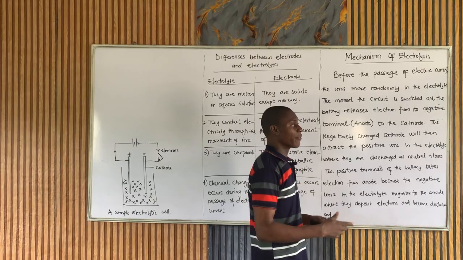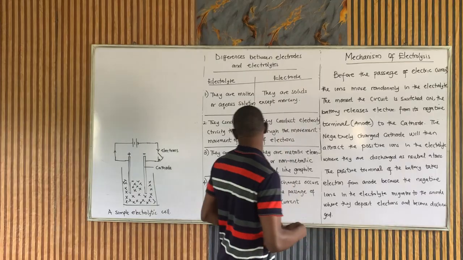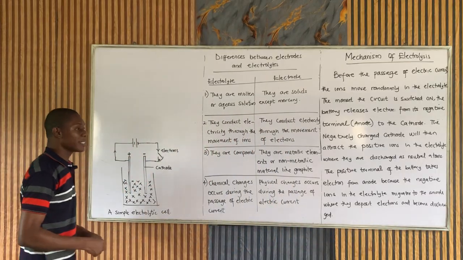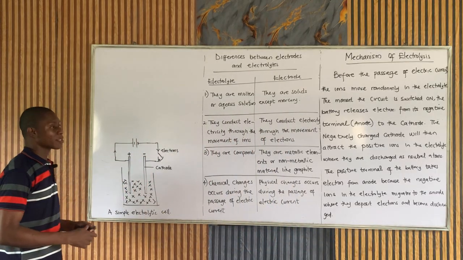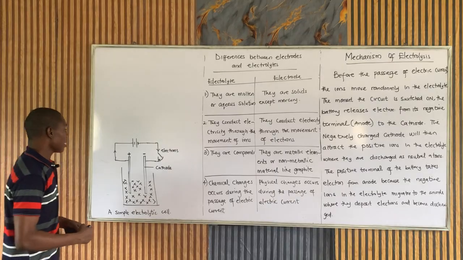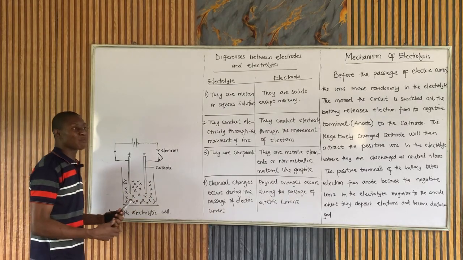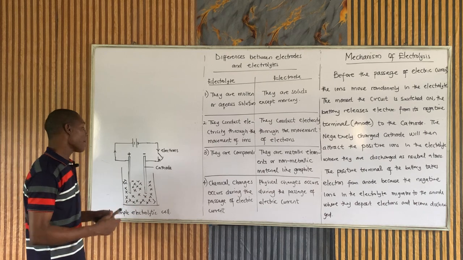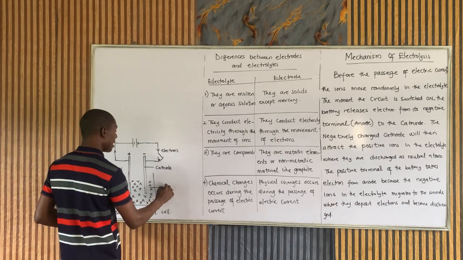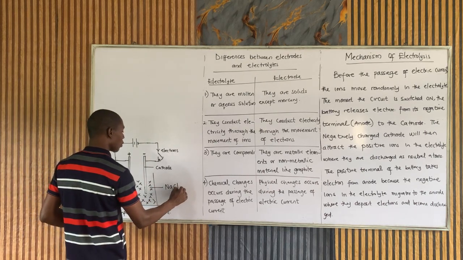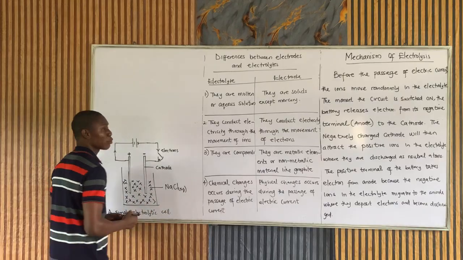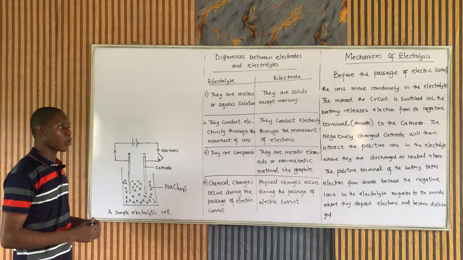Mechanism of electrolysis. Let's use this simple electrolytic cell to illustrate what happens during electrolysis. Initially, the ions in this electrolyte move randomly. Let me assume it's aqueous sodium chloride, meaning it was dissolved in water.